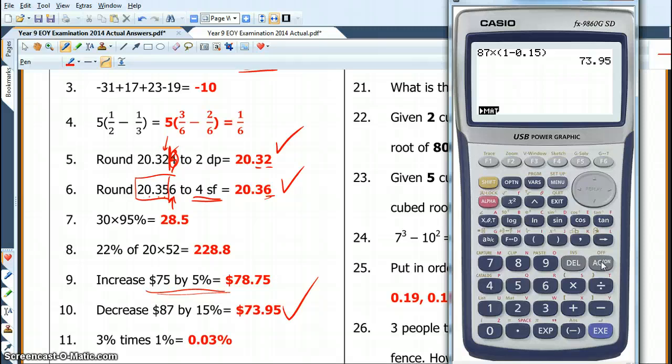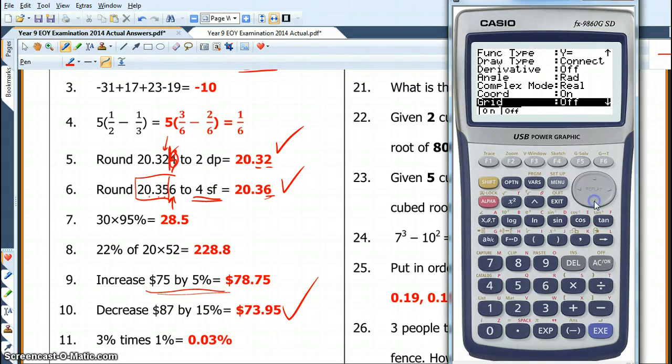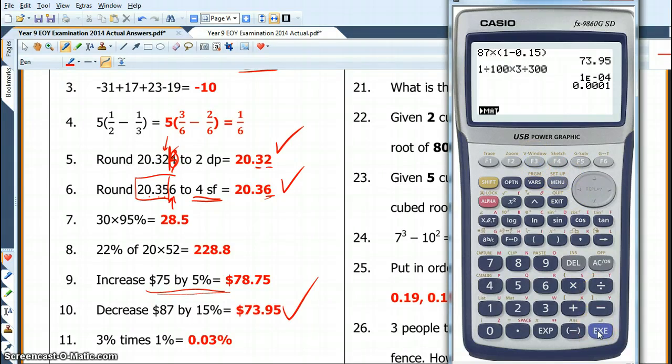The 3% times 1%, you could go 1 divided by 100 times 3 divided by 100. There's my standard form. So I'm going to go Shift Setup and go back to display, normal 2, and there I've got it.